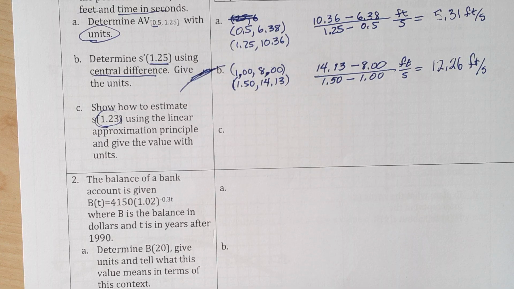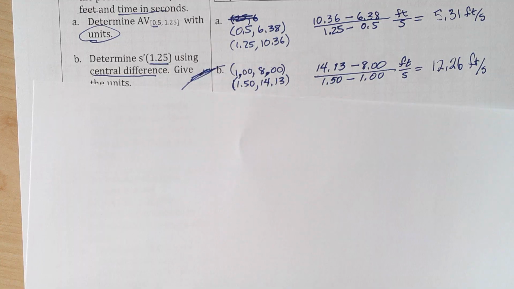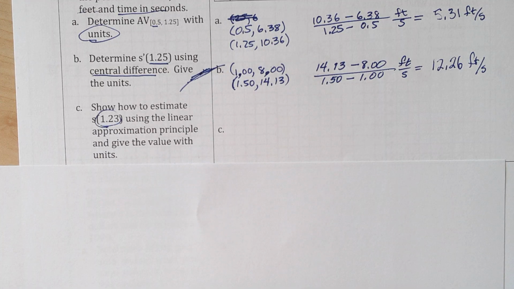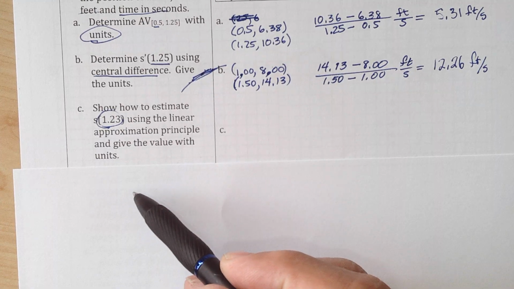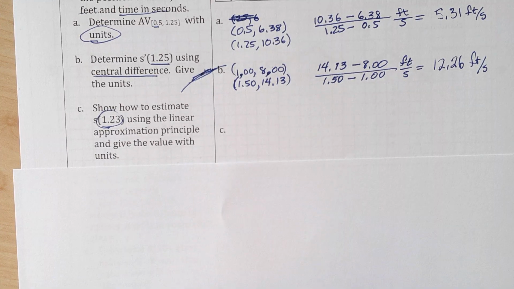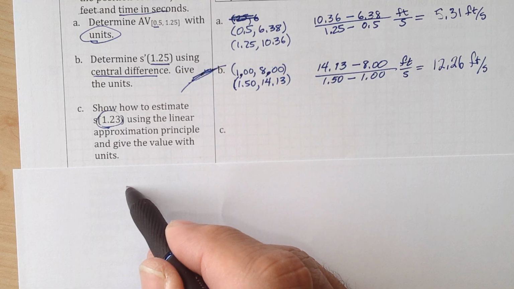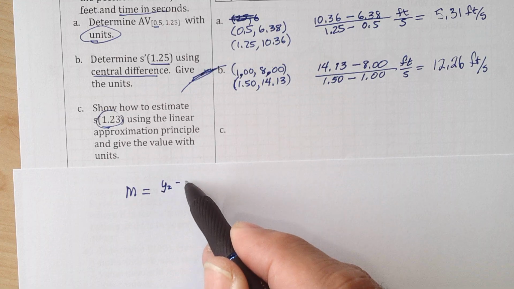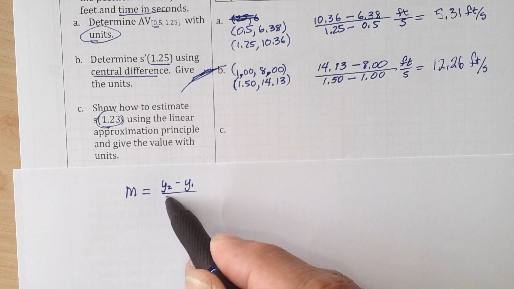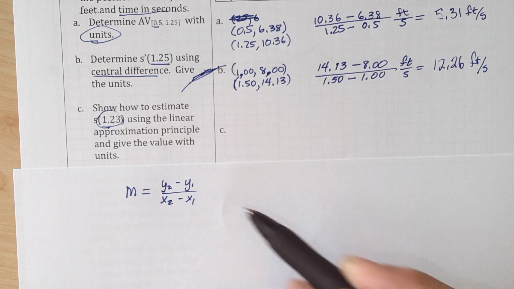Now, I want to talk about the equation of a line, for those of you who are kind of rusty on it, or those of you who looked in the book at the linear approximation formula. So you know that the slope, and we just talked about it, is y2 minus y1 over x2 minus x1.